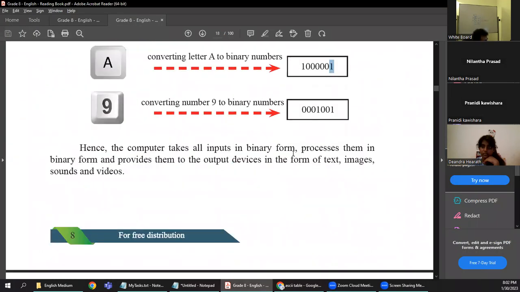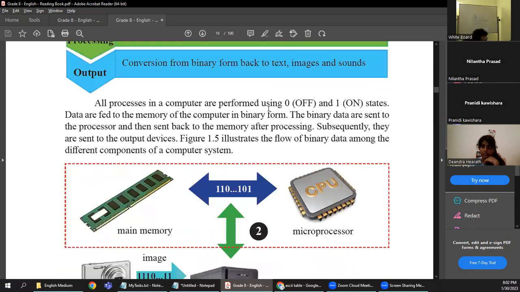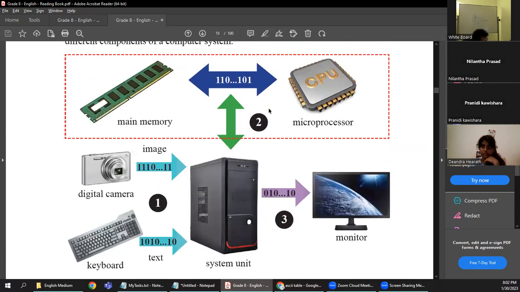Hence, the computer takes all inputs in binary form, processes them in binary form, and provides them to the output devices in the form of text, images, sounds, and videos. You can see what happens over here. Every data item, whether from a keyboard, digital camera, or microphone, is sent as a bit pattern to the computer, and the computer stores the values inside its memory.